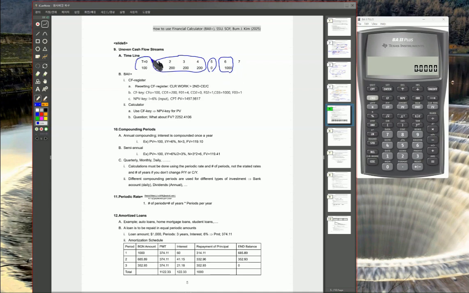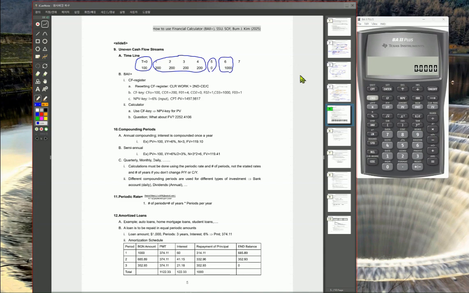So those cash flows are not equal. That's why we cannot use the payment function key in your calculator. We cannot consider them as payments. Okay, that's the definition of an uneven cash flow stream situation.